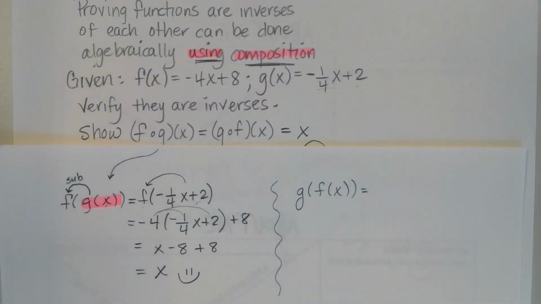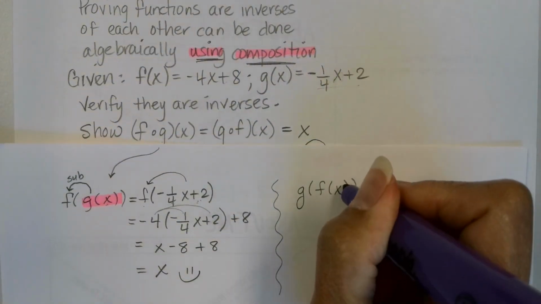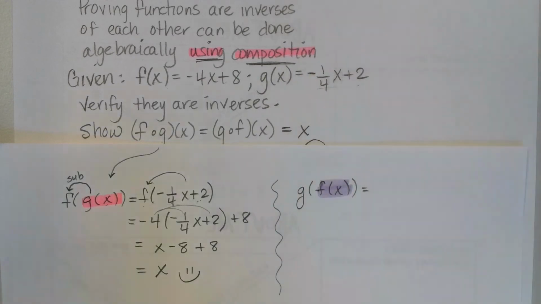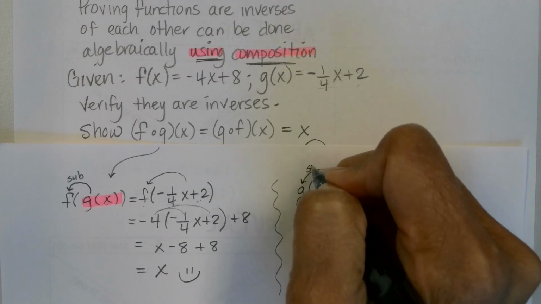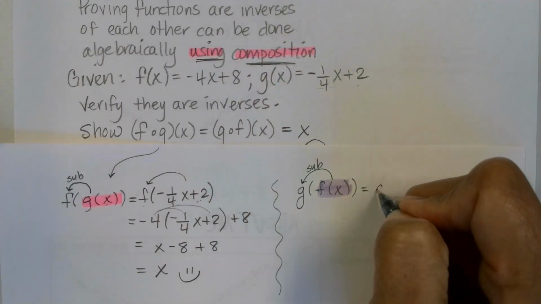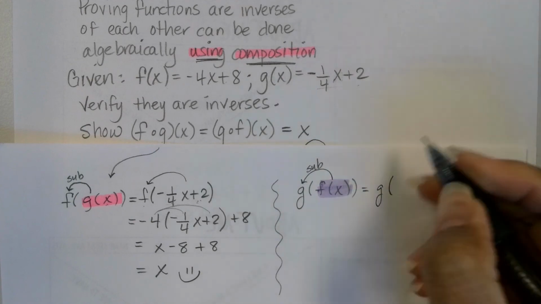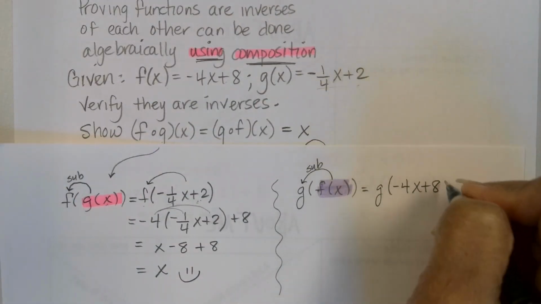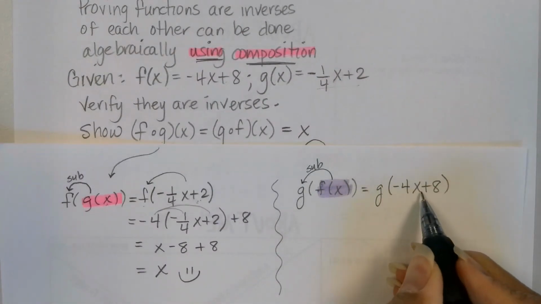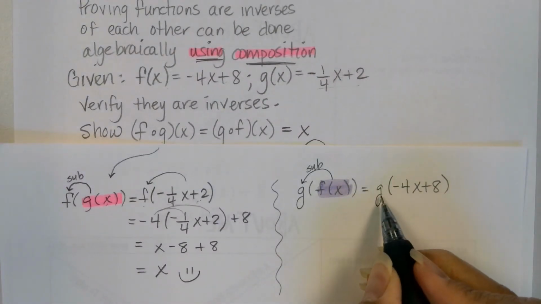G of f of x, this time my focus is on f of x being substituted into g, right? So I'm going to make a notation here. F goes into my g function. Let's identify what the purple function is. It is -4x plus 8. So this purple stuff needs to go into my g function.